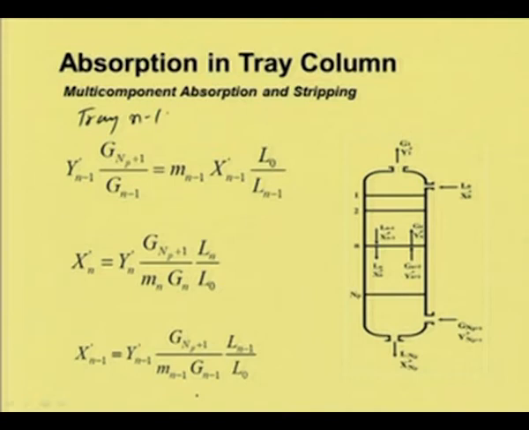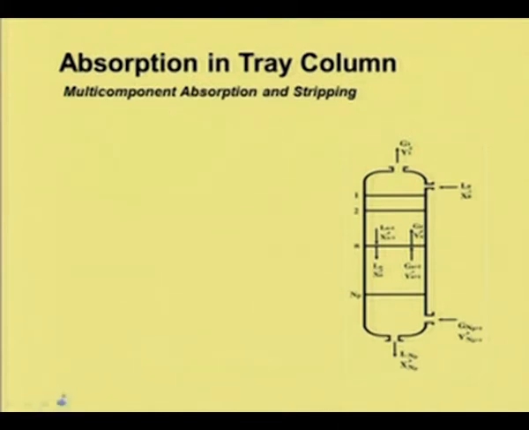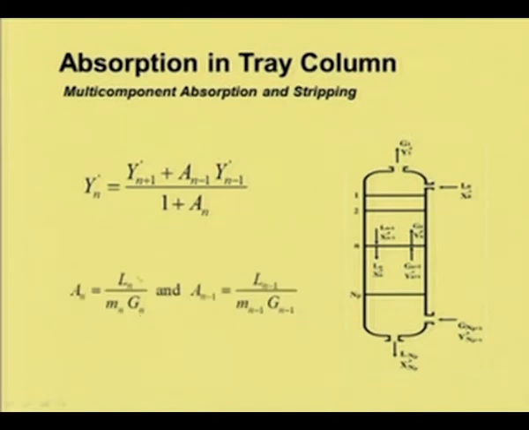Now, after substituting x n and x n minus 1 dash, we can get y n would be y dash n plus 1 plus a n minus 1 y n minus 1 dash by 1 plus a n, where a n is the absorption factor for tray n, and a n minus 1 is for tray n minus 1.